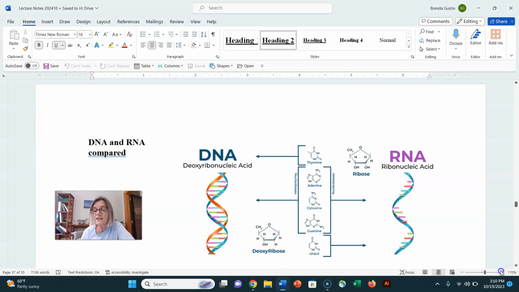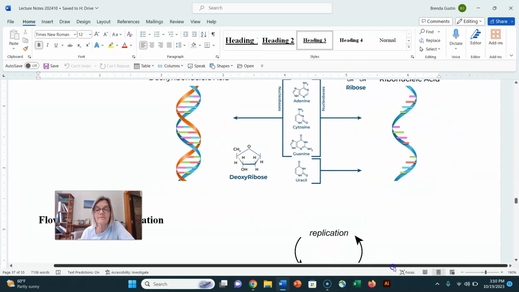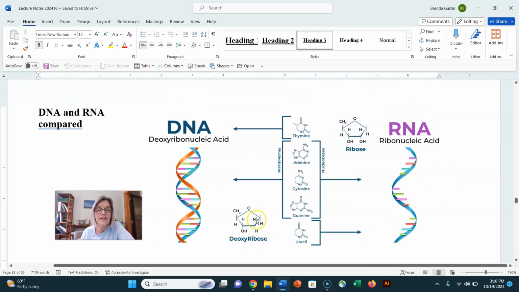So if you look right down here, if you look right here, that hydrogen right there, or that carbon, doesn't have an oxygen on it. There's an oxygen right here, but not here. Deoxyribose.